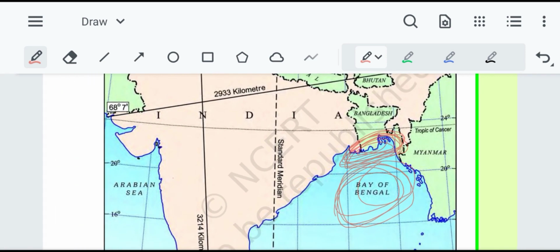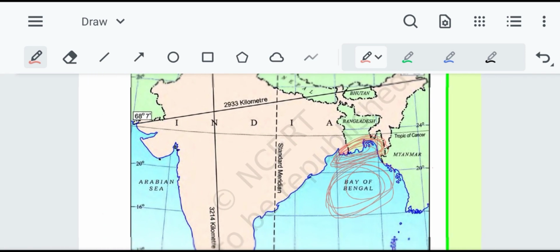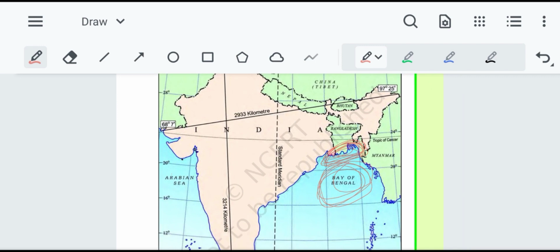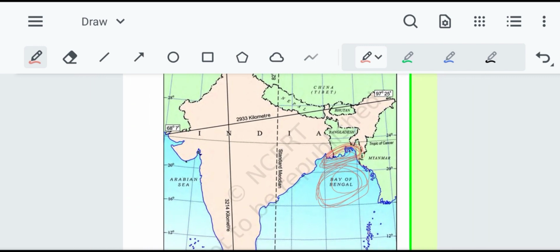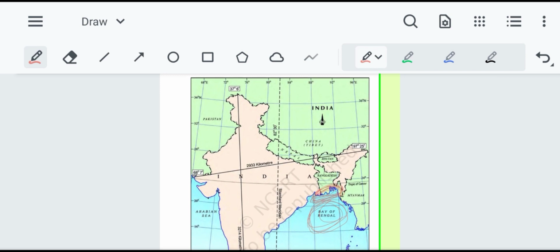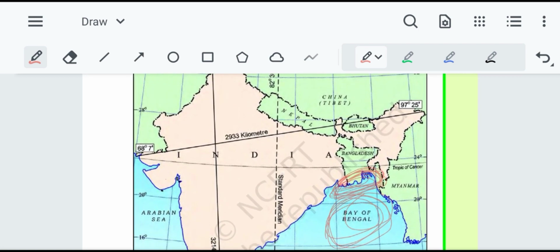One important thing: the Tropic of Cancer passes through the middle of India, and the standard timeline of India passes through Mirzapur in UP, at the place named Naini Namak Sthan.